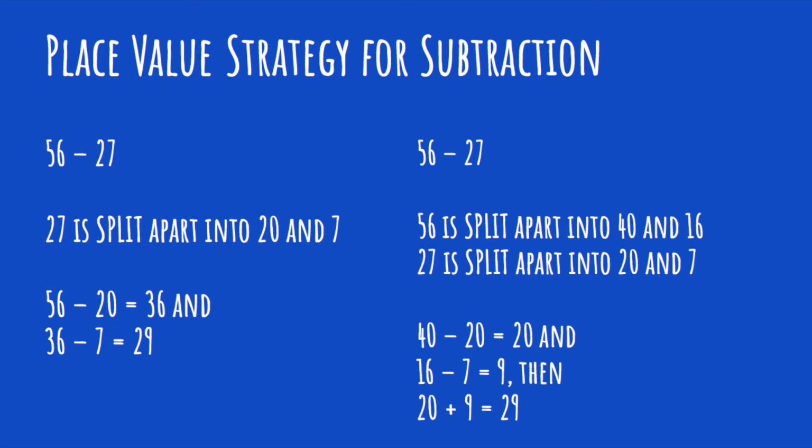At 56, we take one of those 10s and move it in with the 6 ones to have 16 ones. And 27 is split apart into 20 and 7, and then you just subtract the 10s, 40 minus 20, and then 16 minus 7 is 9, and then put it together to get 29. So two really efficient ways to think about subtracting without having to introduce the algorithm to them.